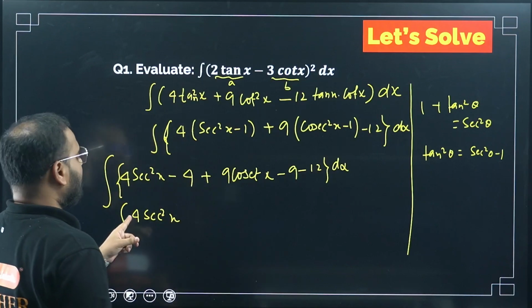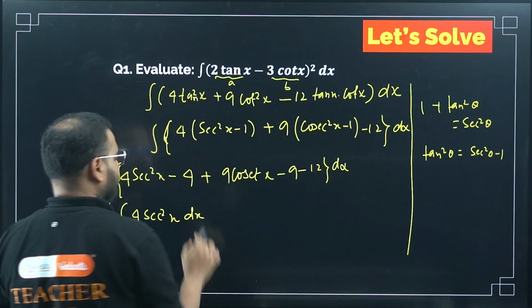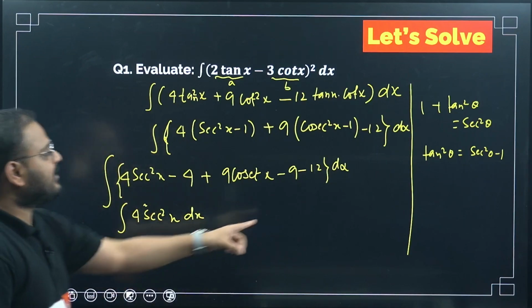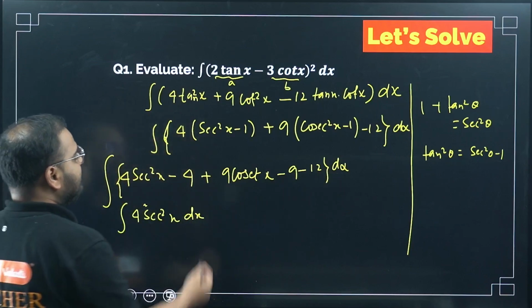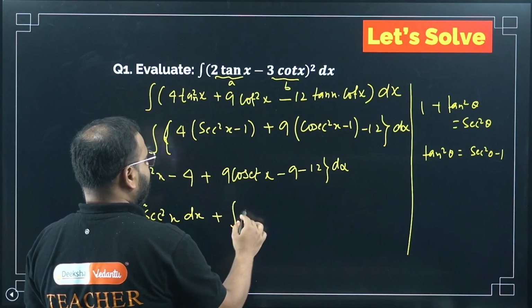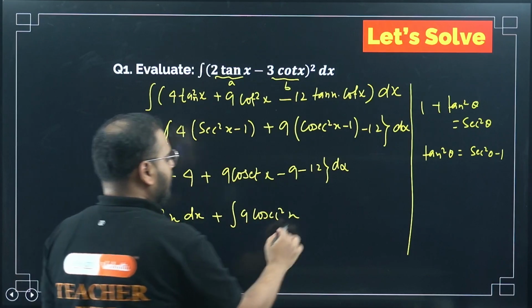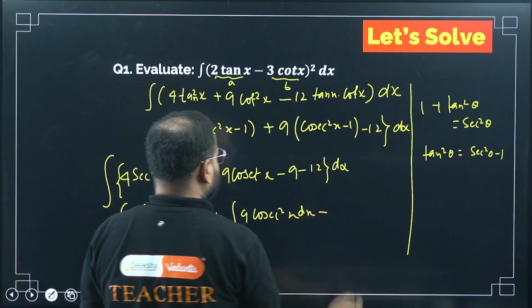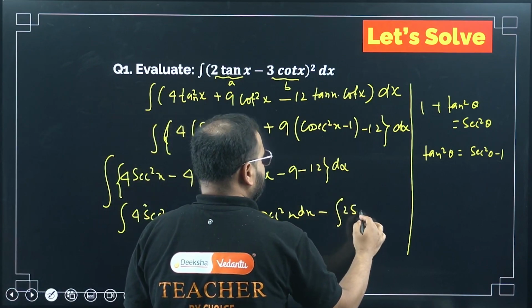So individually I take 4 sec square x, and I have to write dx also, as we are integrating with respect to x. Then the integral of 9 cosec square x, again with dx, and minus 25, so integration of 25 dx.